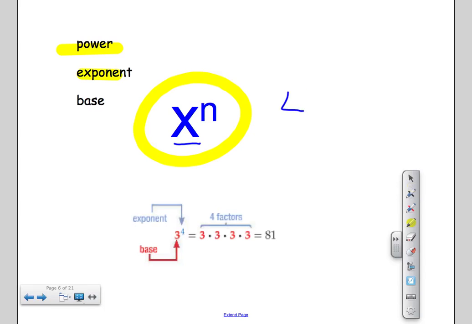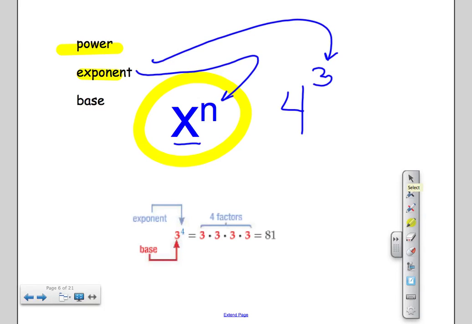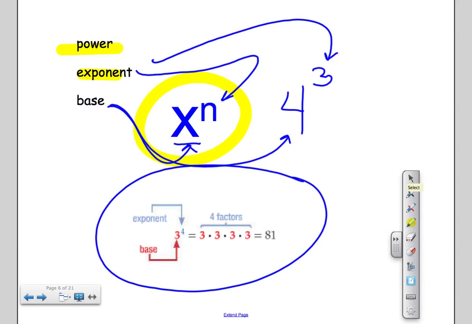So if we had 4 to the third, 4 is our base. 3 is our exponent. Now we can look down here and see where they're using 3 to the fourth. So in 3 to the fourth, we know that that means 3 times 3 times 3 times 3, or 81. So there are 4 factors of 3.